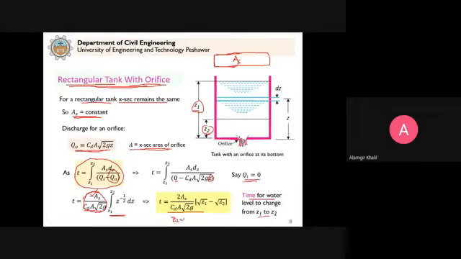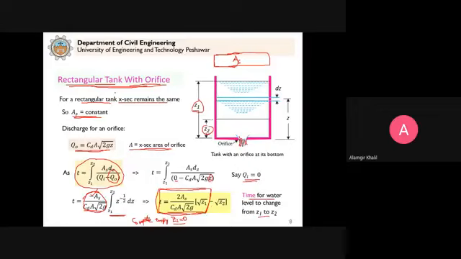For complete emptying of the tank, Z2 should be 0, and then this will be the formula to calculate the time for complete emptying.